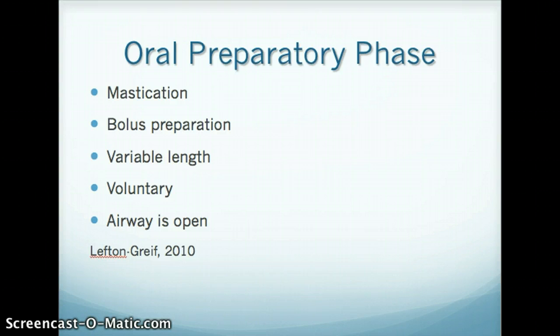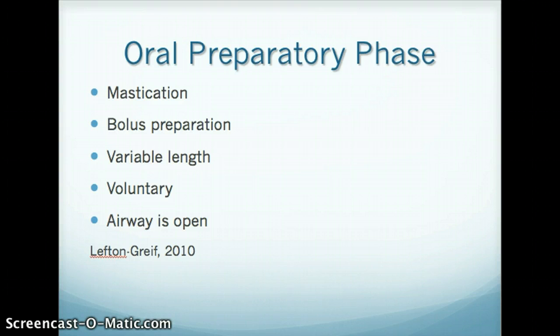You keep it there by closing your lips, and you're breathing through your nose, and your tongue is bunching up in the back. The soft palate, your velum, is pulled down to keep food in the oral cavity, so you don't want it going down into your nasal cavity.